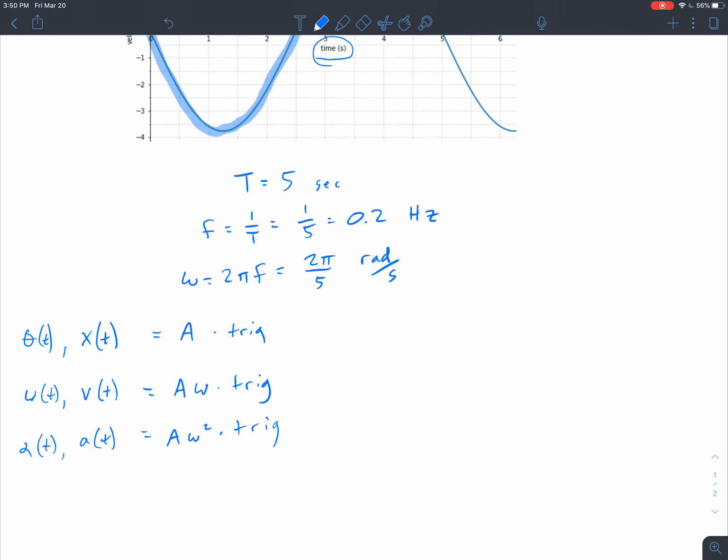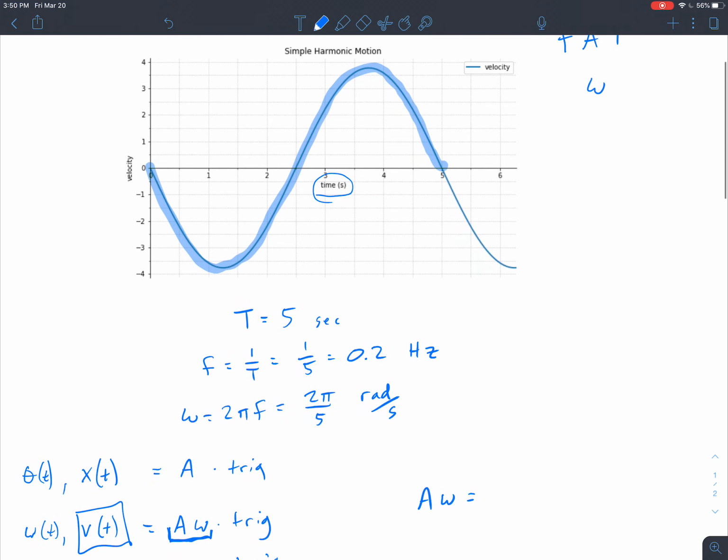So we're looking at velocity, right? This is a velocity graph. So we have A omega here, but we just want to find the amplitude. If this was a position graph, then just this distance would be your amplitude.